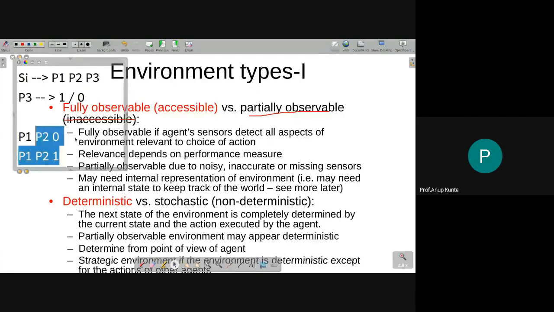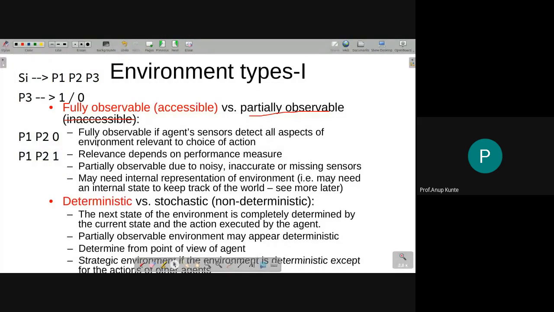So these two I may think of as my belief states. I can believe that the system could be in state P1, P2, 0, or the system could be in state P1, P2, 1.